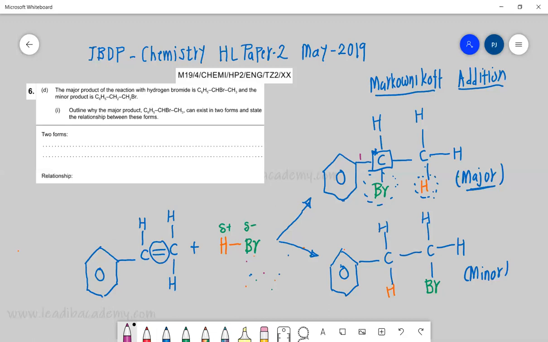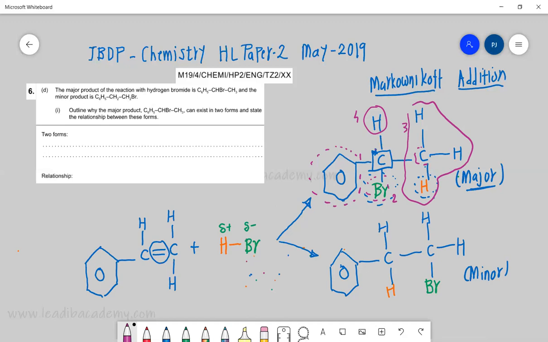One is the phenyl ring, second is bromine, third is the methyl group, and fourth is this hydrogen. So this carbon is attached to four different atoms or groups.